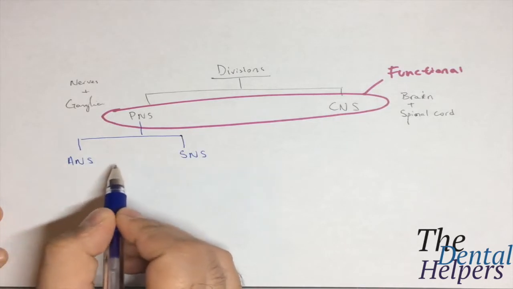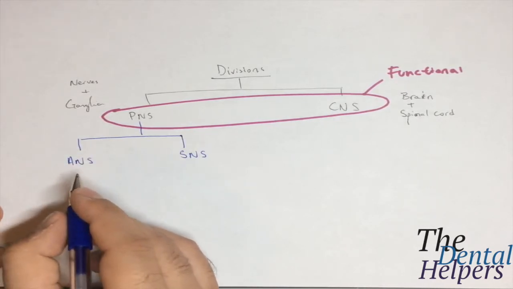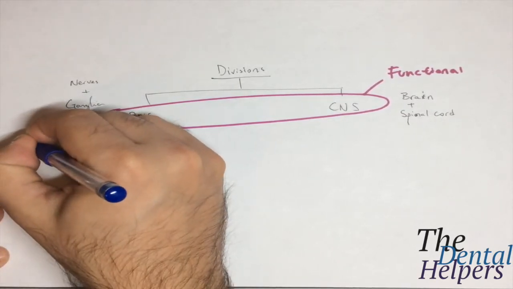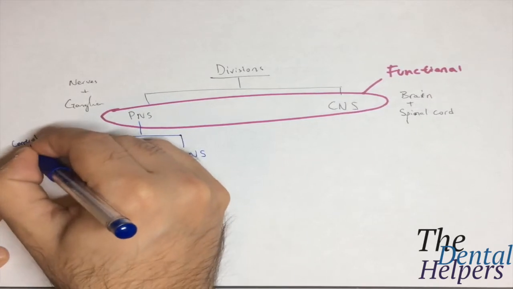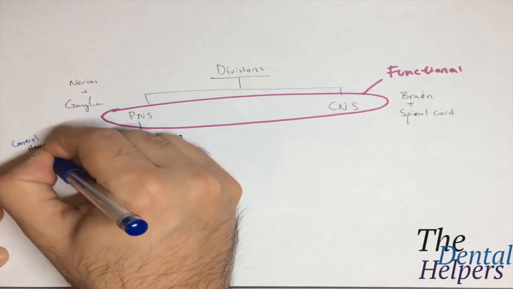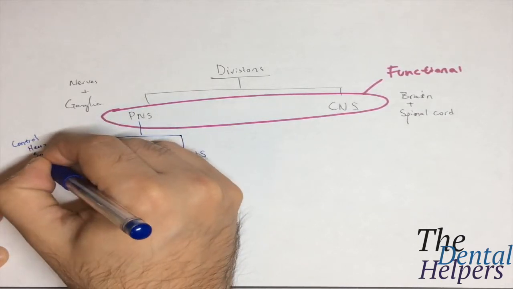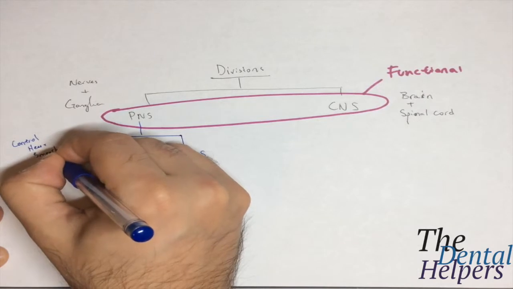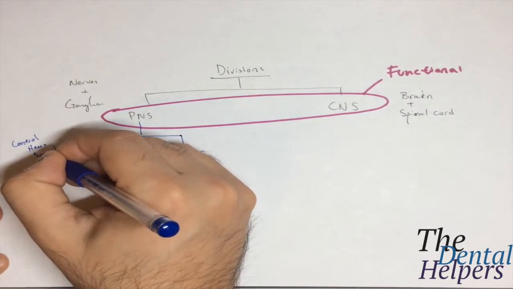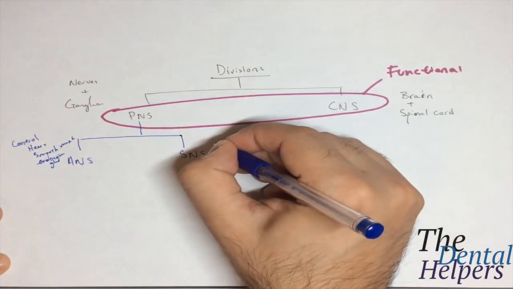And I always remember it as the automatic nervous system, because this one is going to control the heart, the smooth muscle, and the endocrine glands. While the somatic nervous system is going to control skeletal muscles.